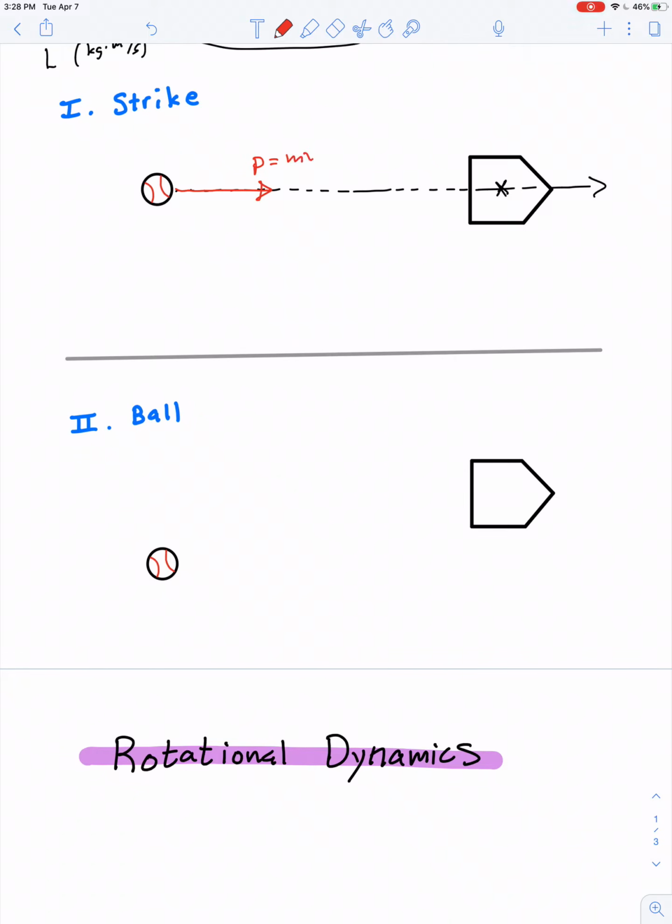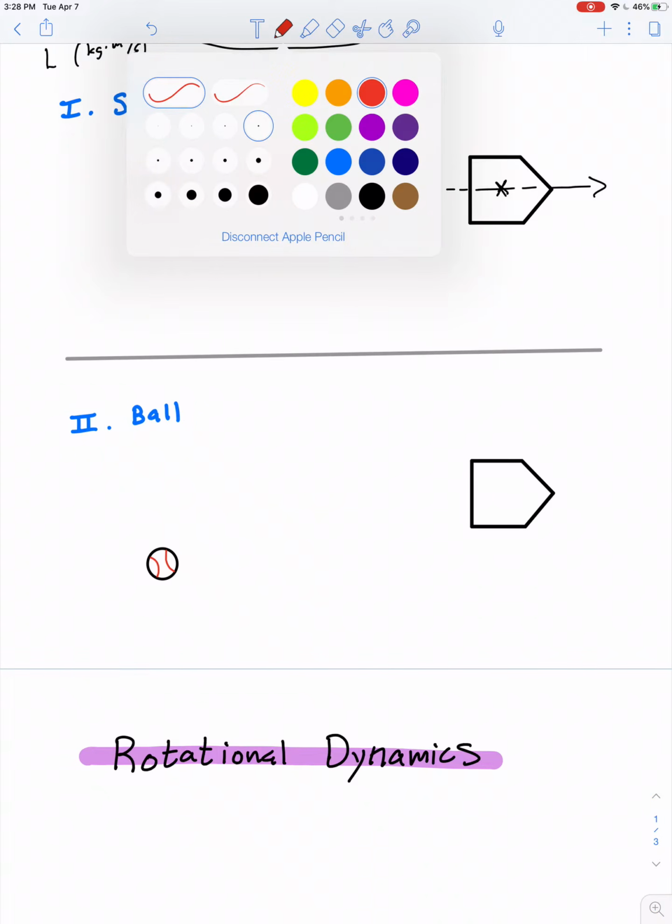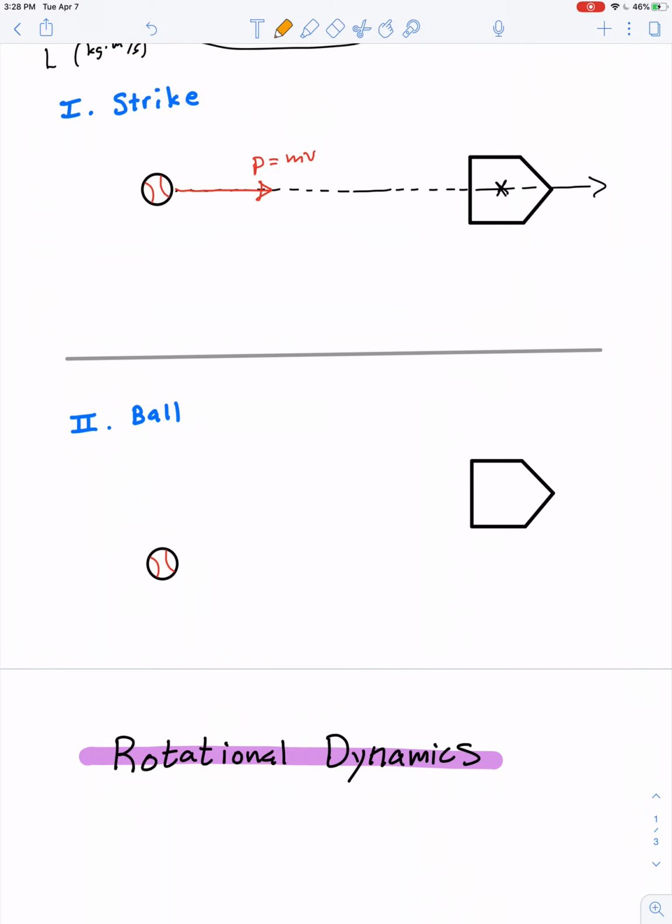P equals mv. So lever arm, in the same way that lever arm is defined in calculating torque, is the distance from the point of reference to the location of some other vector. So from the point of reference to the object that has momentum P equals mv, there's a lever arm of r.